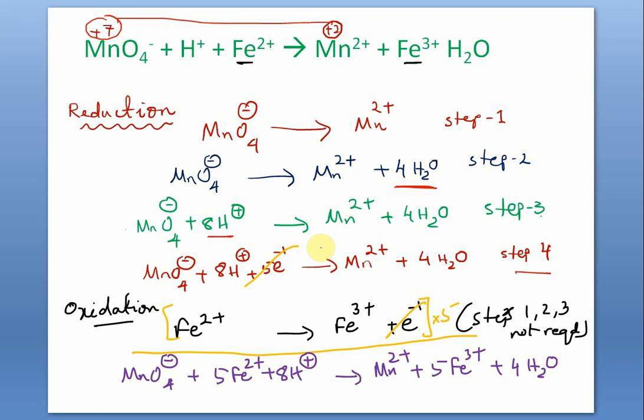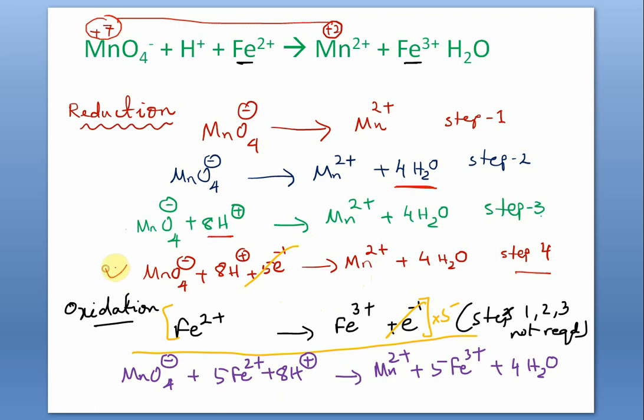Make sure the charge is equal, whether the equal charge is +2 or -2 or 0 or +5. The two sides should have equal charge. That you have to do by adding electron. Since it is reduction, you are adding electron in LHS. Right? So both the sides now have the same charge, +2.